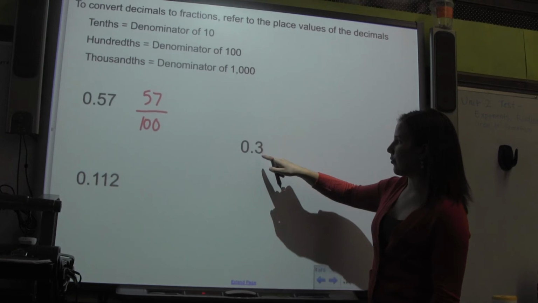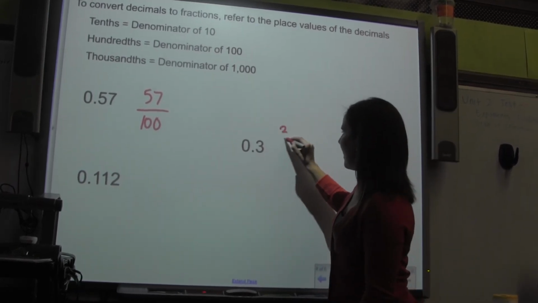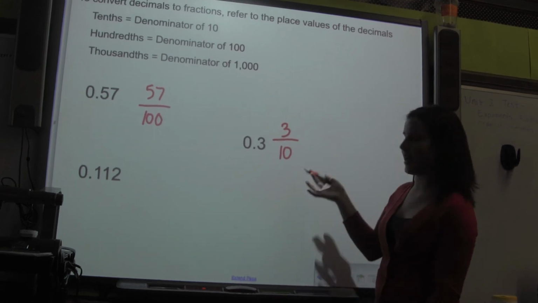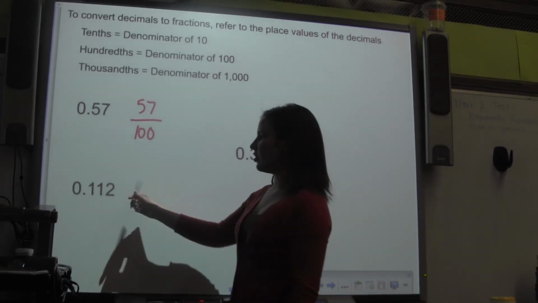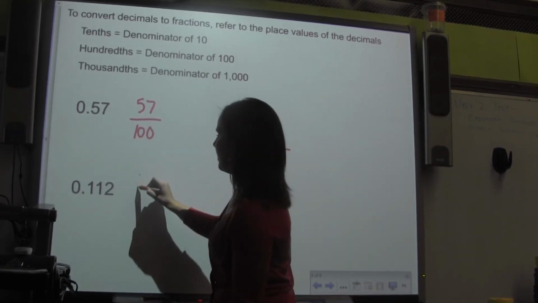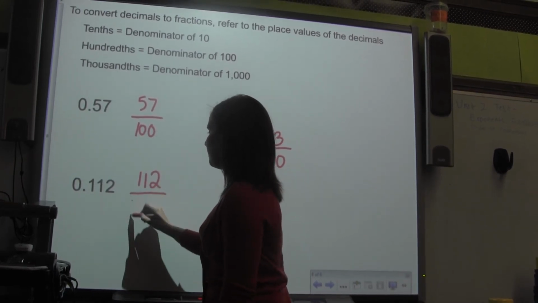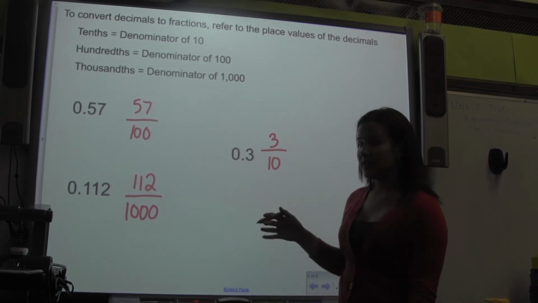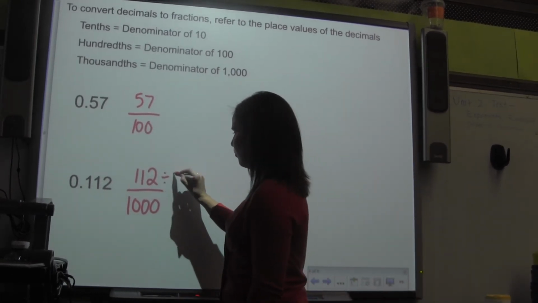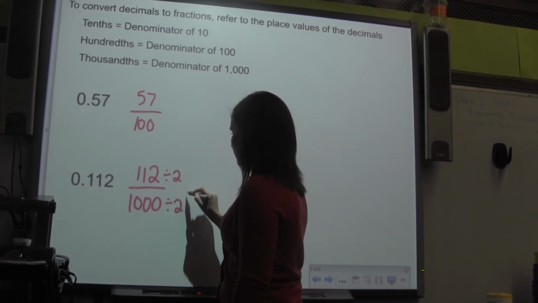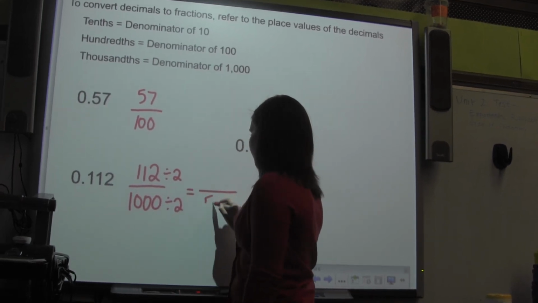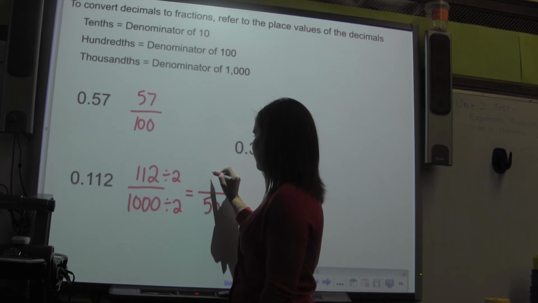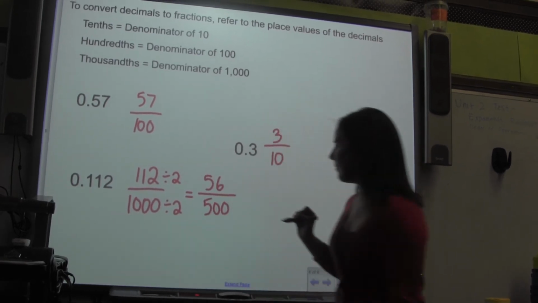0.3 would be read as 3/10, so I'm going to put that as 3 over 10. Once again, I can't reduce this, so that's my answer. 112 thousandths would be 112 over 1,000. Both of those numbers are even, so I'm going to reduce both of them by 2. And I have 500 in my denominator and 56 in my numerator.